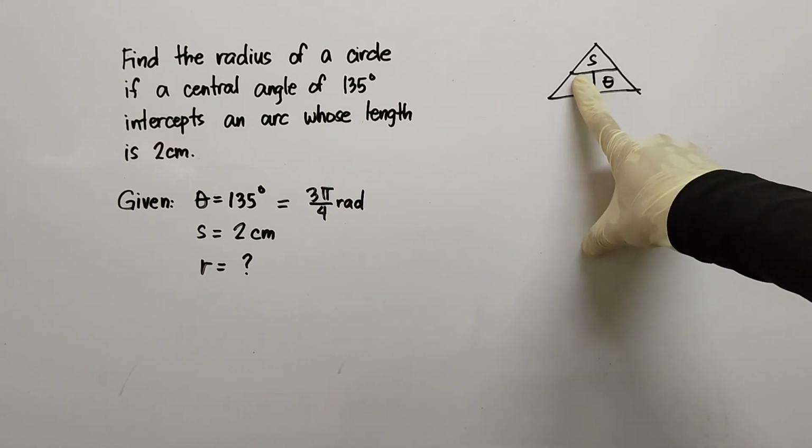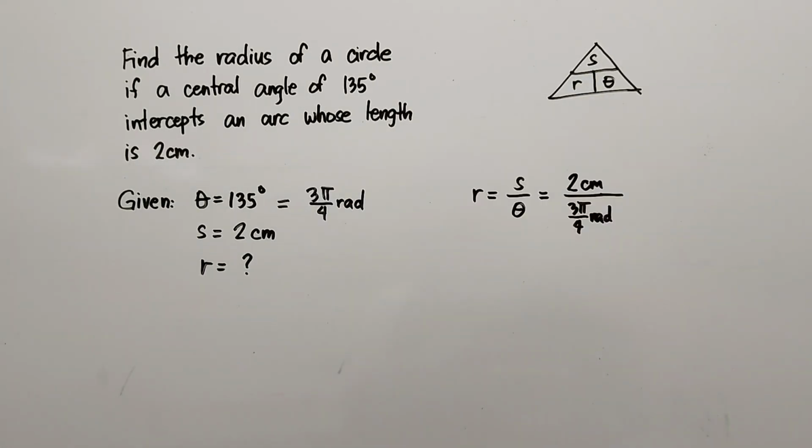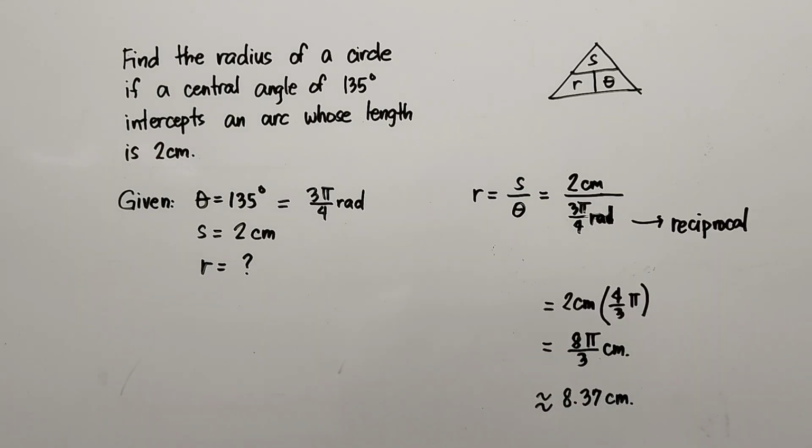To solve for our R, that is S divided by theta. R equals S over theta, substituting the values, and we will simplify this fraction. Remember that in getting the reciprocal of our radian measure, get only the reciprocal of the number. The pi will remain always in the numerator. So the reciprocal of 3 pi over 4 is 4 over 3 pi.